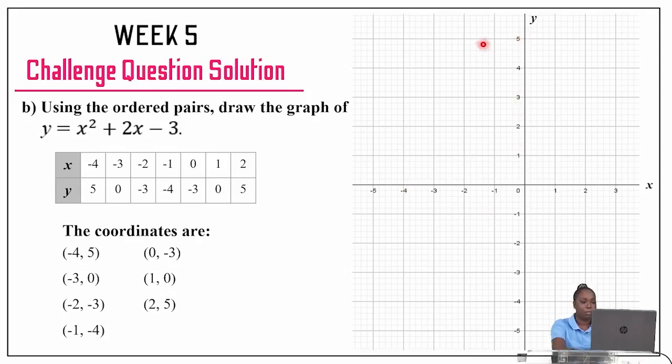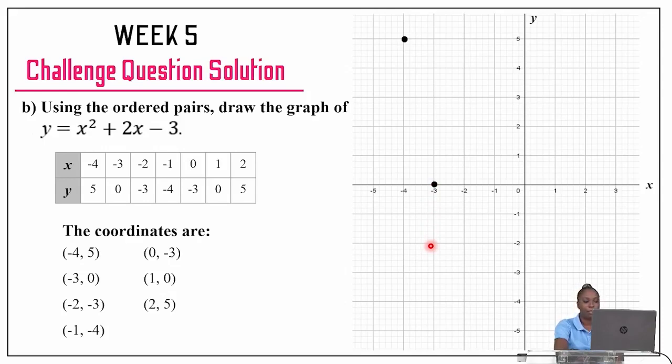And so we would connect until they meet, which therefore means our first point, negative 4, 5, would be in this spot. Continuing, negative 3, 0, negative 3 on the x, 0 on the y, which means that we're not going to be moving from this position. So our second coordinate goes here.